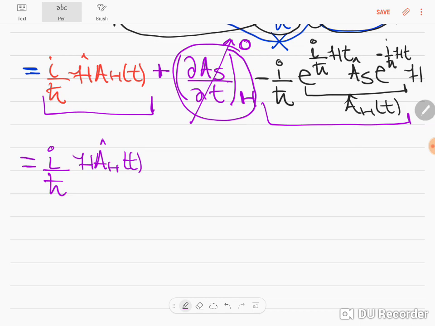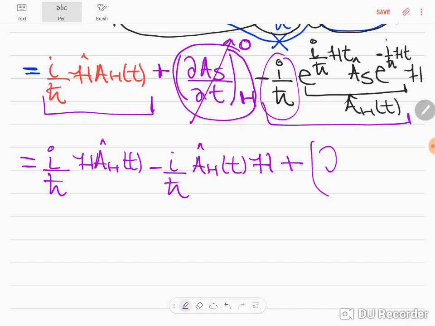Now we write this prefactor here, which is minus i over h bar, and then immediately after A_H of t times the Hamiltonian. And we just add this term, even though I have said that it's taken to be 0 in most cases, but let's leave it there for formality.